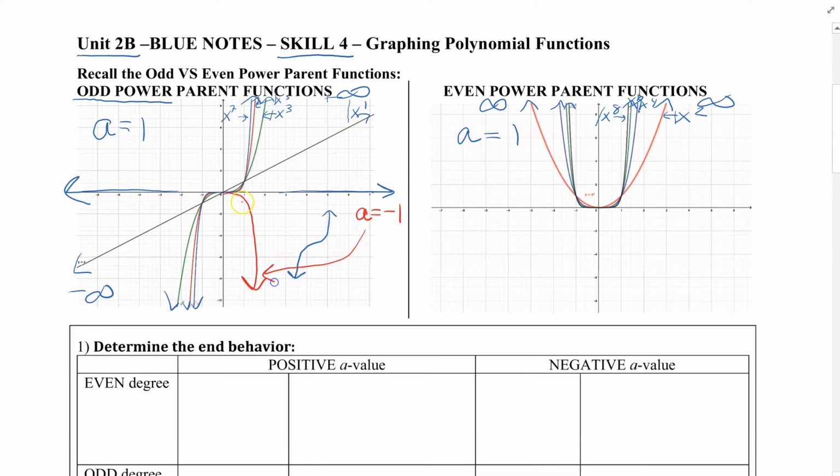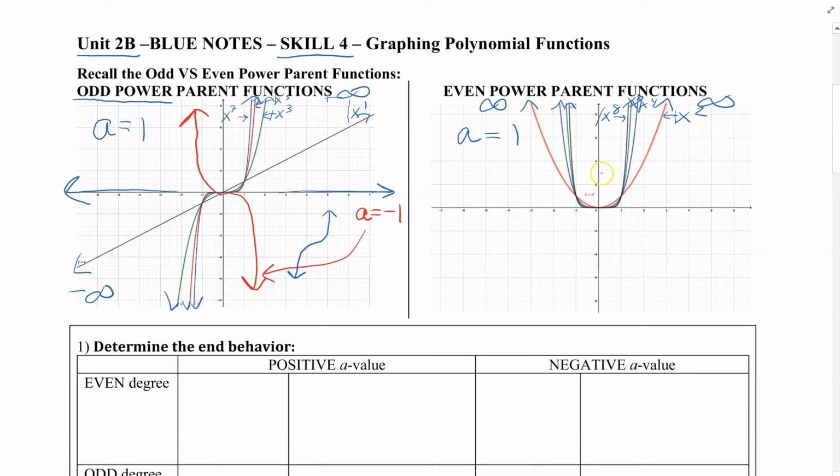An a value of negative 1 would cause that vertical reflection. And then on the left, it would also reflect, but it would reflect up. So the graph would still have opposite end behaviors, but they would just be flipped around. On the right, the end behavior would be pointing down, and on the left, it'd be going up.